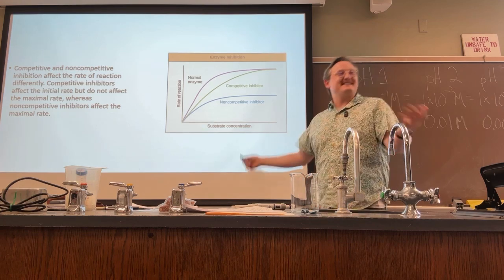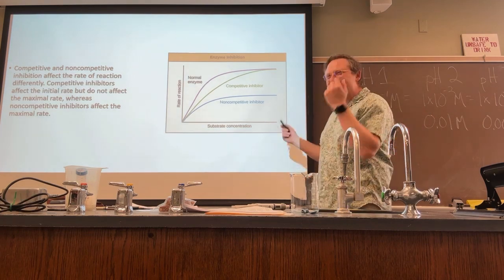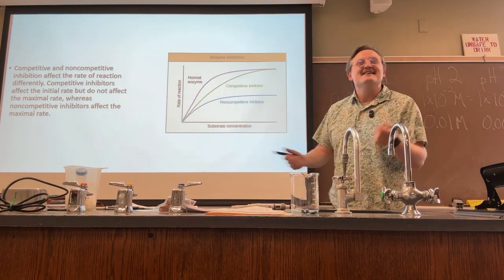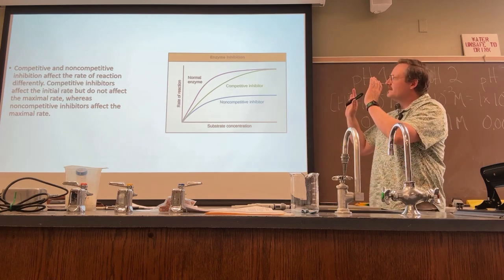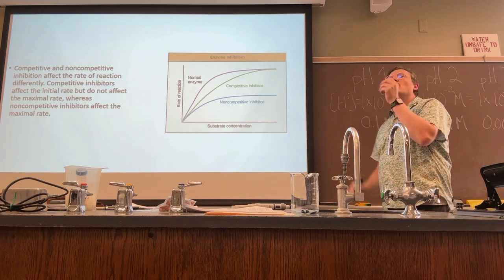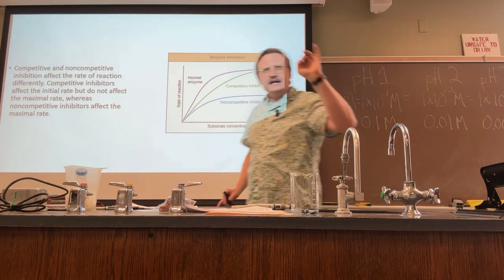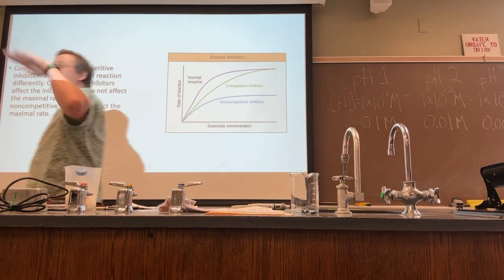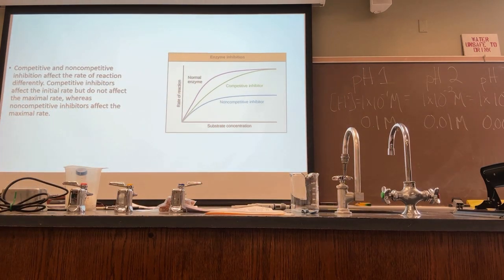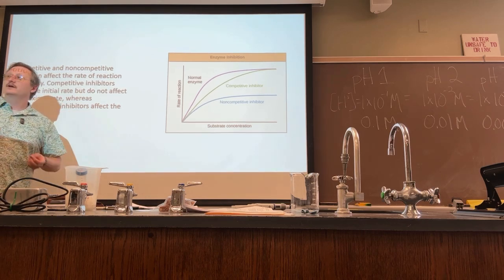Anyways, enzyme inhibition. Let's take a look at this figure right here. This is a cool figure, one that I'm not going to test you on, but I encourage you to read in your textbook if you're interested, because it really brings all the concepts back together and makes you think about how inhibition is actually working.